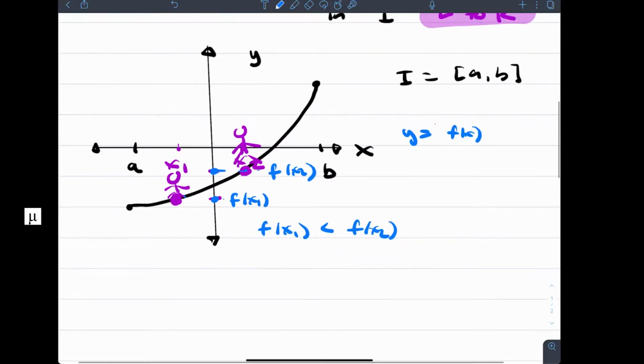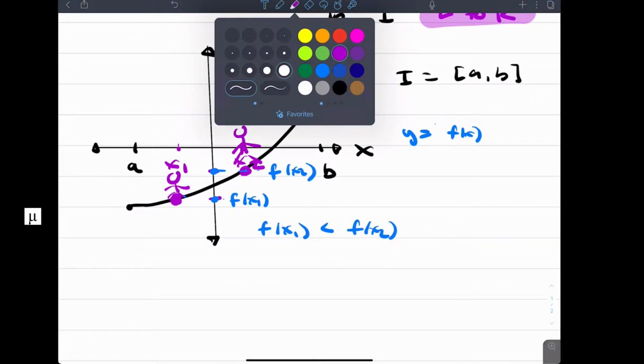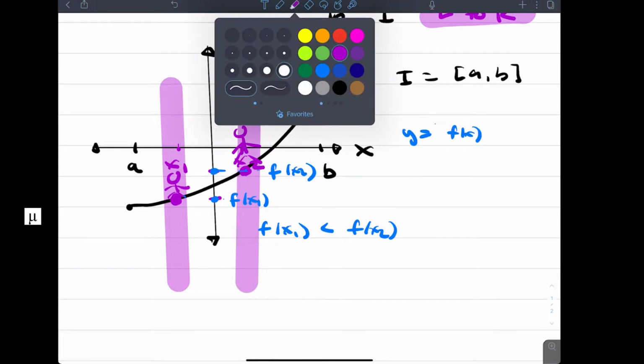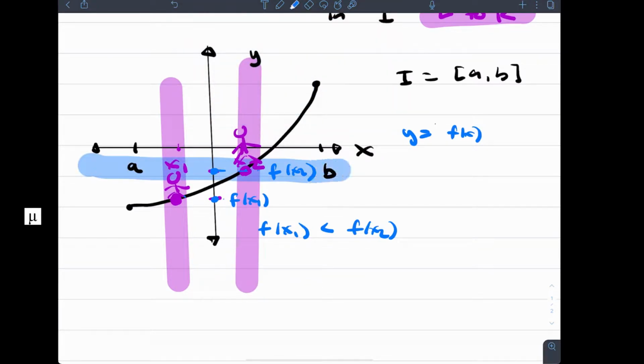So think of it this way: this value and this value. And what do you have here? These two values here, right? So you're increasing, and all I'm saying is that the altitude is higher as you go to the right. So you're walking left to right. Remember that.